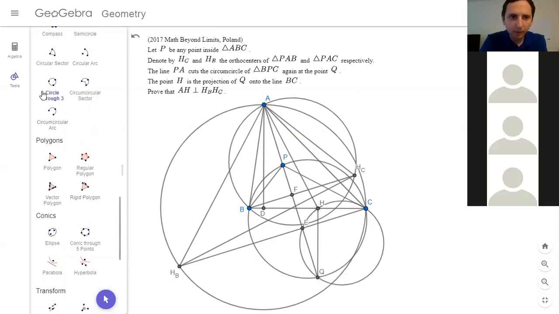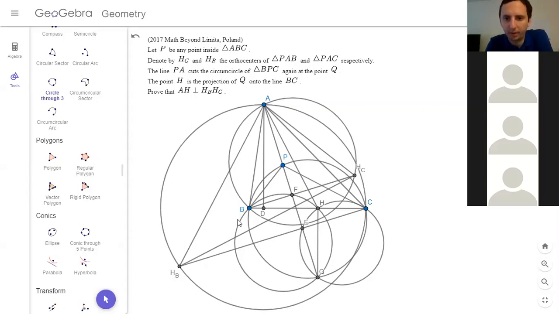It looks sort of like a Simpson line, but. Maybe I could try drawing the circumcircles of APC and APB.